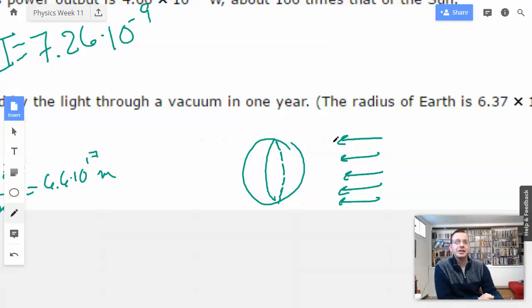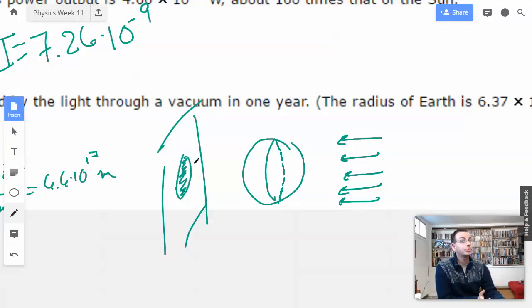Basically, if you're shining light here and you had a wall over here, what would the shadow look like? Well, the shadow would look like a circle, and that's what we're going for here. The light would be warmest right here, coolest up here, but when you sum up all the light, that's how much energy is intercepted by the Earth. That's where we're going with that.